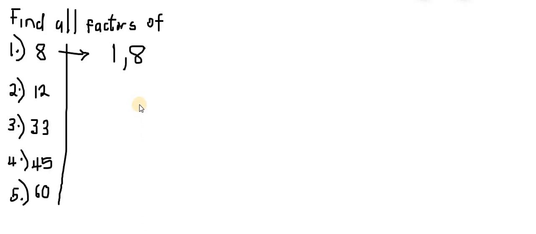Second thing, 8 is an even number, so 2 is a factor. Now, because 2 is a factor, we can use it to find another factor by doing this. If we divide 8 by 2, we can find the other factor connected to 2. So 8 divided by 2.